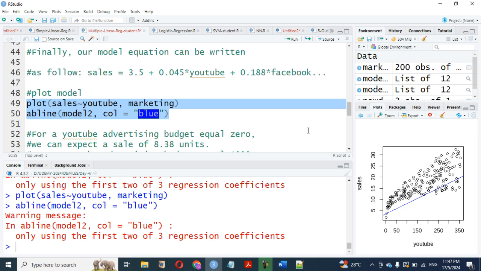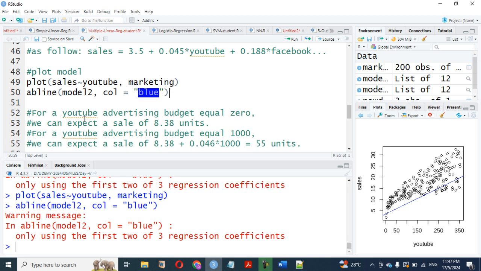You can see it's higher. YouTube is more related with sales. You can see that it has a more perfect linear relationship. All right, so that is how we got it.